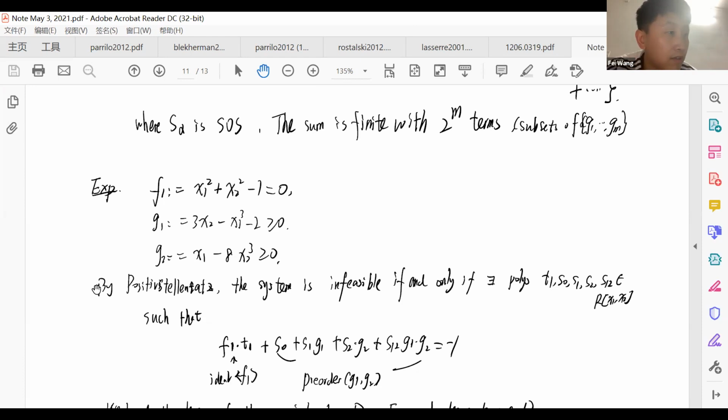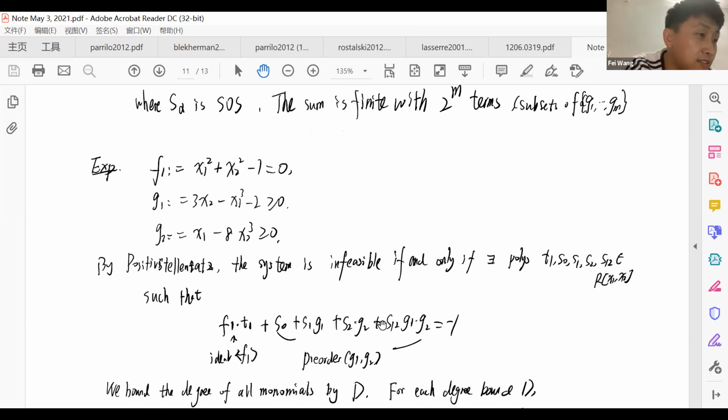By the Positivstellensatz, this system is infeasible if and only if there exist polynomials t1, s0, s1, s2, s12 in R[x1, x2] such that this condition holds.